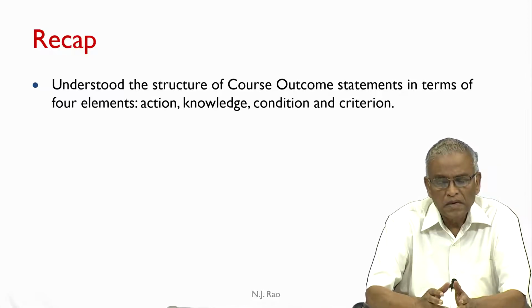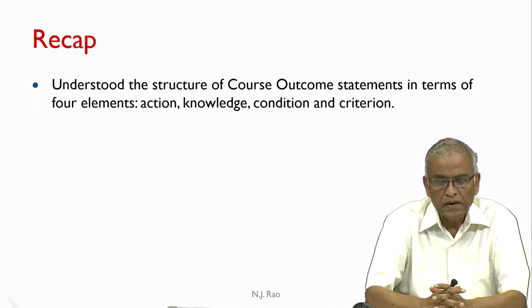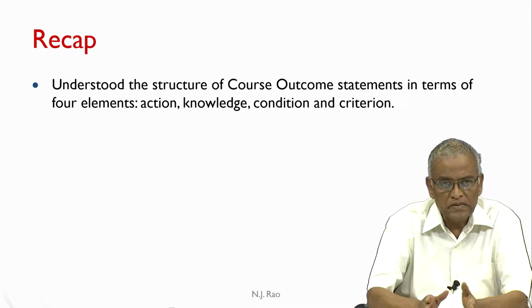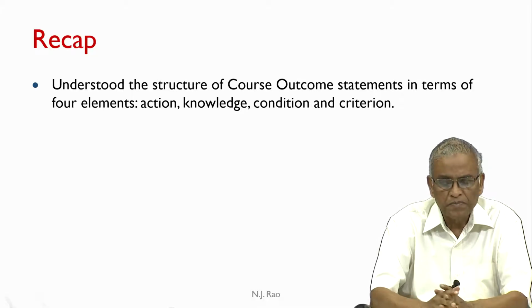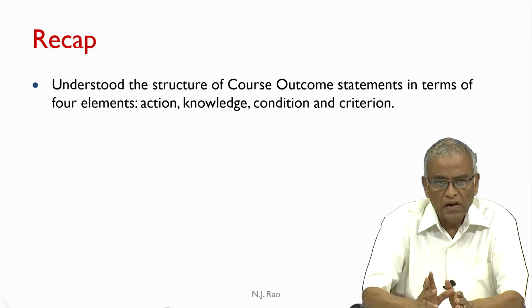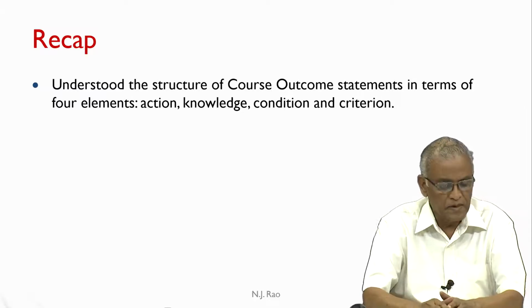But the conditions and criteria are really optional elements. They may or may not be present depending on the situation. So essentially course outcome statements have 4 elements: action and knowledge being compulsory, condition and criteria being optional.